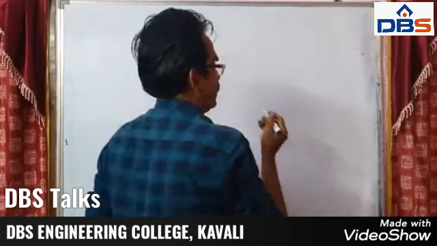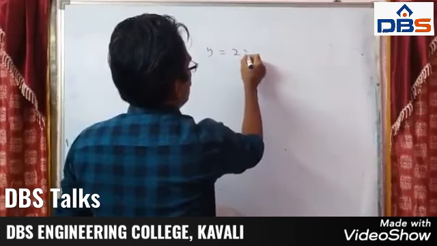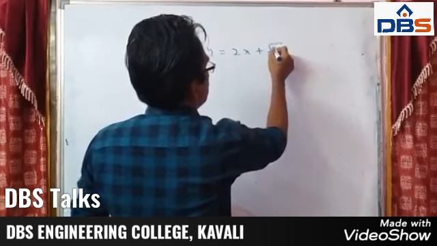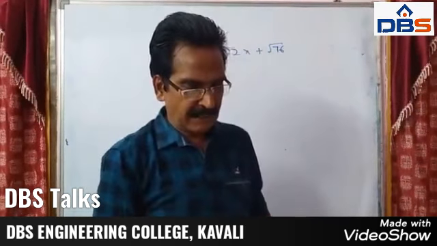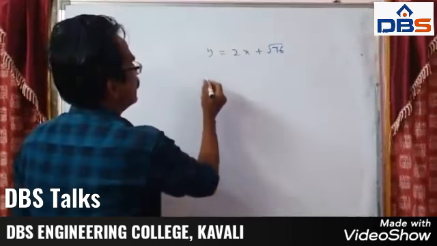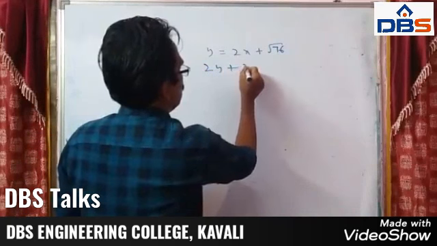The line y is equal to 2x plus root 76 and 2y plus x is equal to 8.